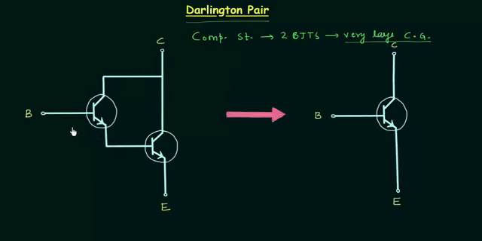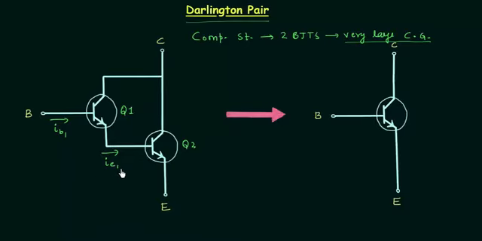The connection is made in such a way that the current amplified by the first transistor is further amplified by the second one. This is the first transistor, let's call it Q1, and this is the second transistor, let's call it Q2. The input current IB1 is amplified by Q1, and the output current is IE1.